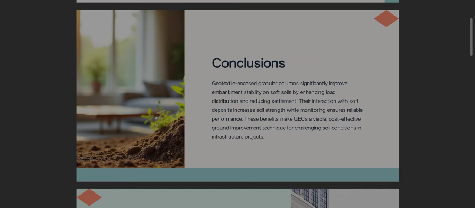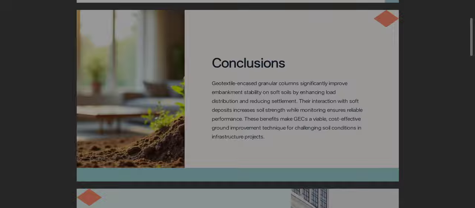Performance monitoring and field evaluations confirm that GEC effectively reduce total and differential settlements, improve stress transfer mechanisms, and accelerate consolidation compared to traditional ground improvement methods.